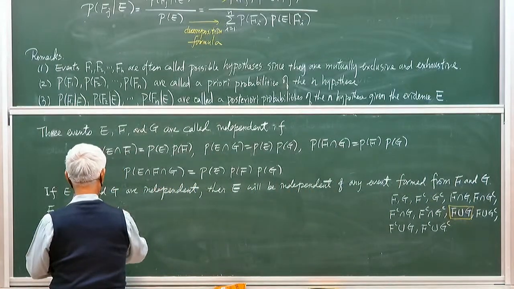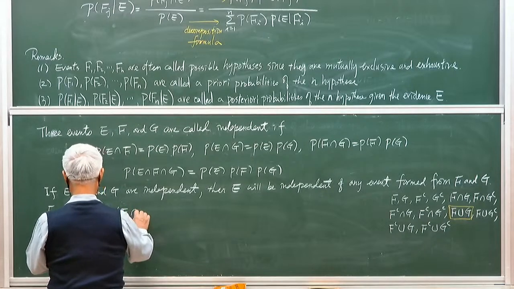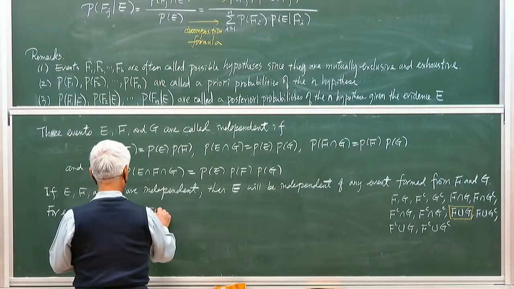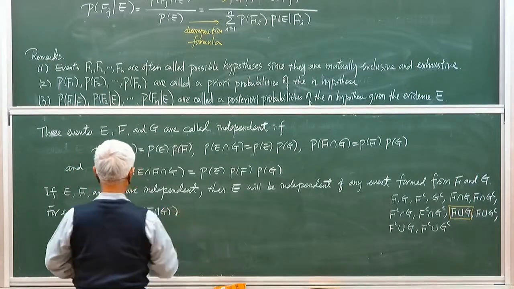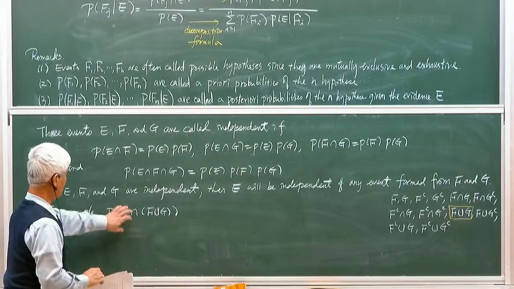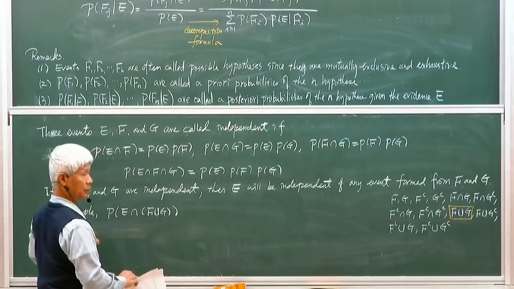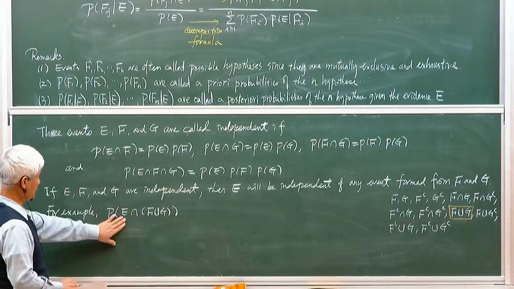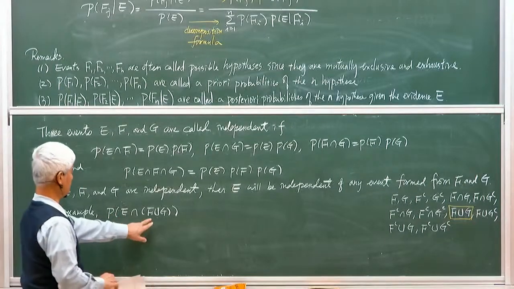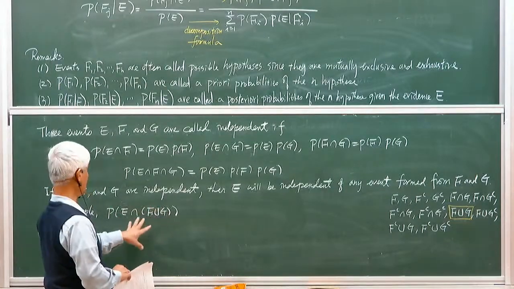So we compute P of E intersect F union G. So we want to show that the probability of E intersect this union is equal to the probability of E times the probability of F union G, right?